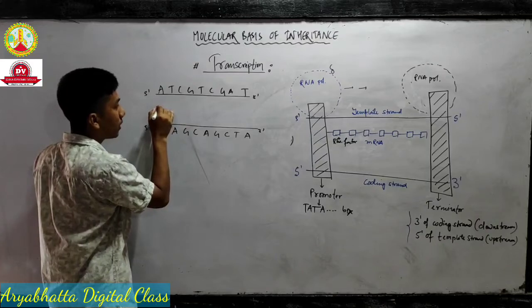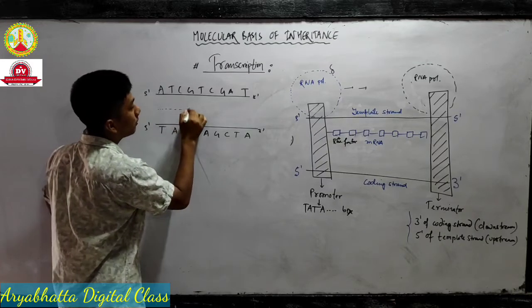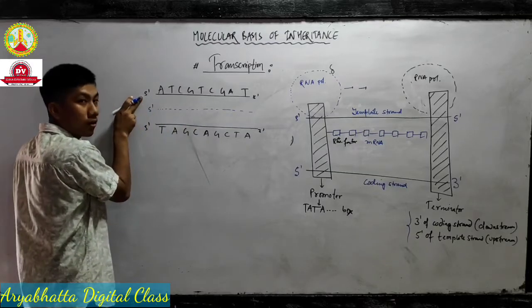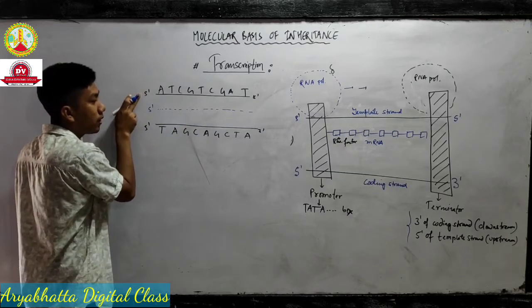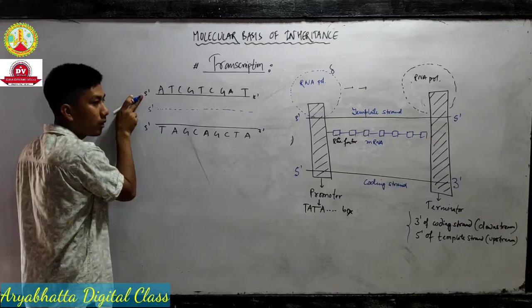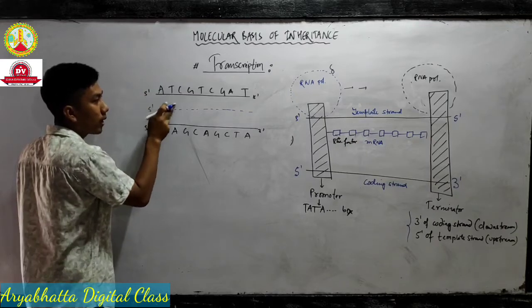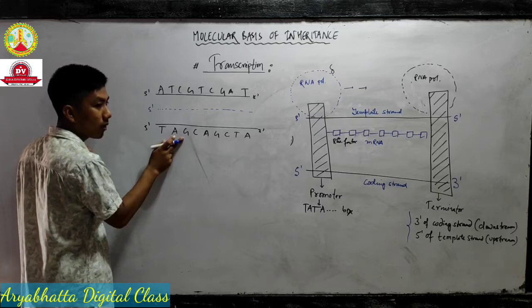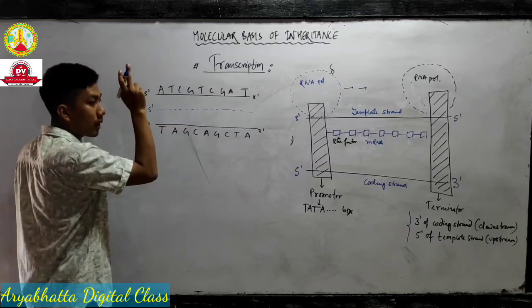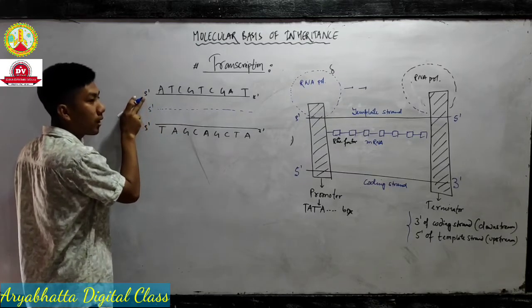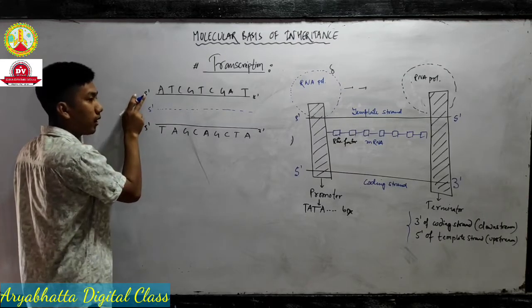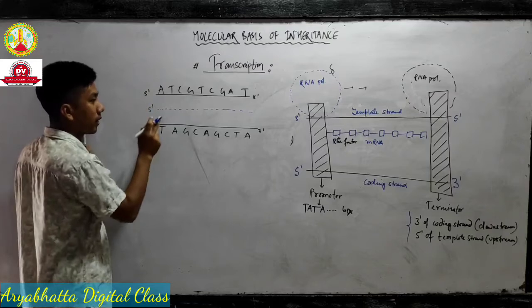So the new strand, that is mRNA, is going to come here with its 5 prime, because the 3 prime has the OH free here. So the 5 prime will make a bond with it. They are going to make a bond with this to get the exact copy of the coding strand. This is our coding strand. Okay, in my mRNA, I have given 5 prime here, so make it 3 prime, and here make it 5 prime in the mRNA, okay.